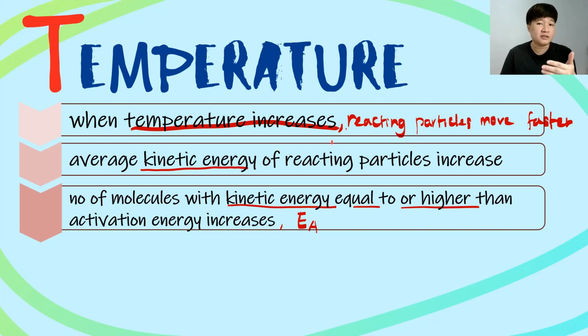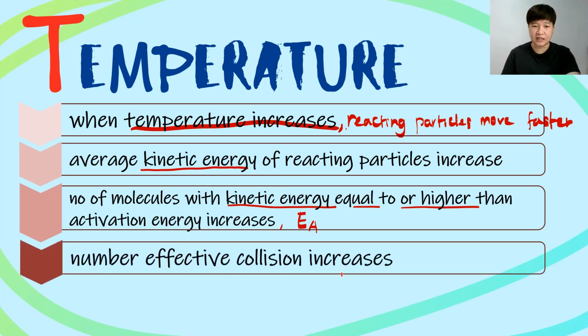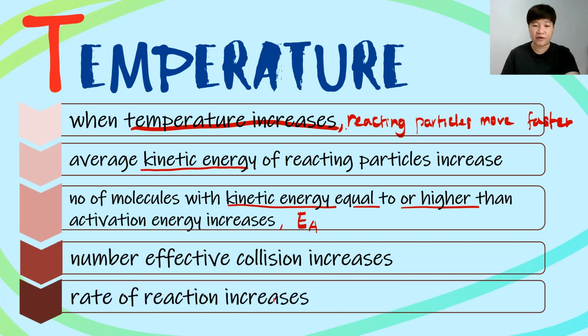But when the temperature is increased, I will have more molecules that have higher kinetic energy. So I will have more molecules with kinetic energy equal to or higher than the activation energy. As a result, effective collision increases and the rate of reaction increases. So for temperature, we will talk about kinetic energy and also activation energy.